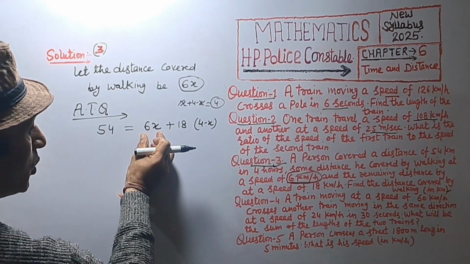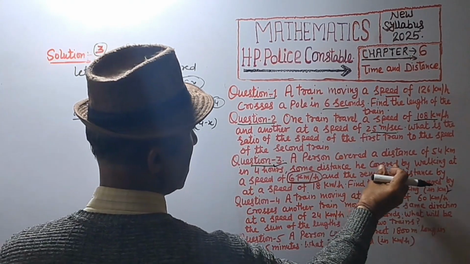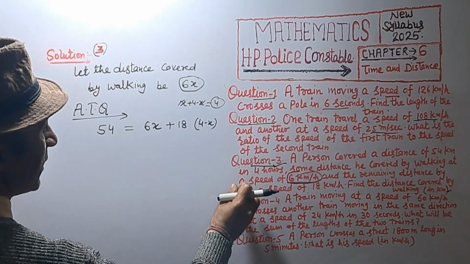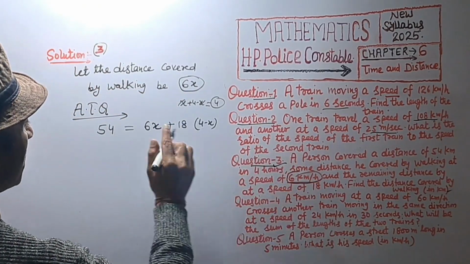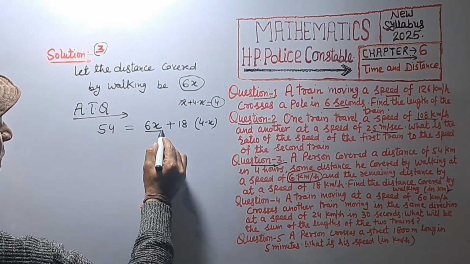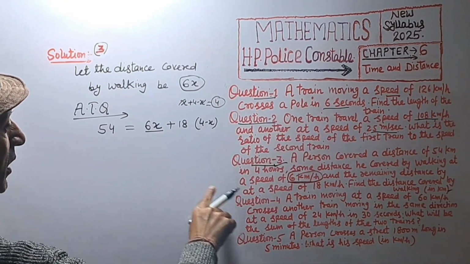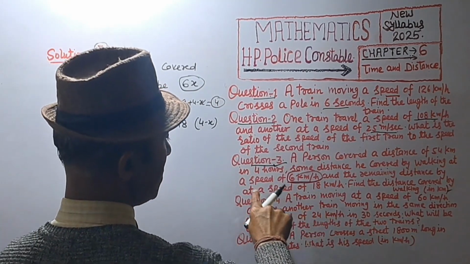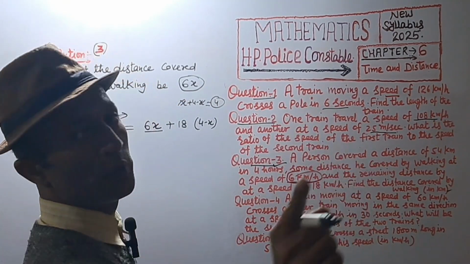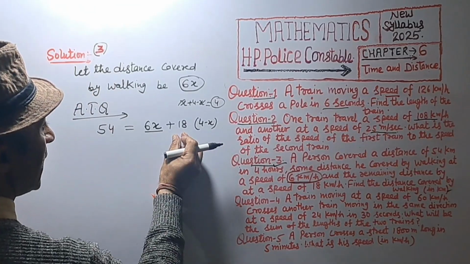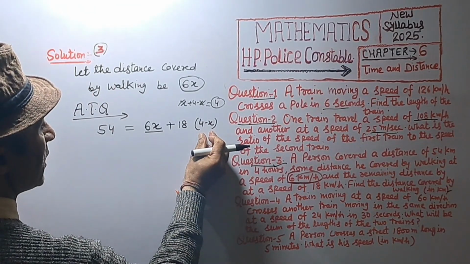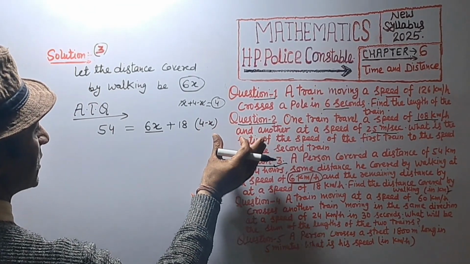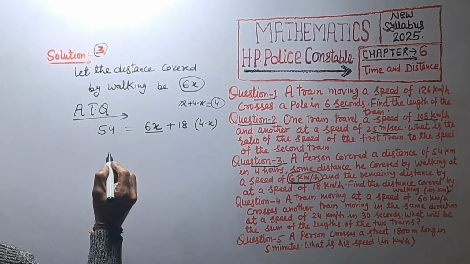So he covered by walking at a speed of 6 km per hour, that is 6x, and the remaining at a speed of 18 km per hour, means 18 times the remaining (4 minus x), equal to 54.